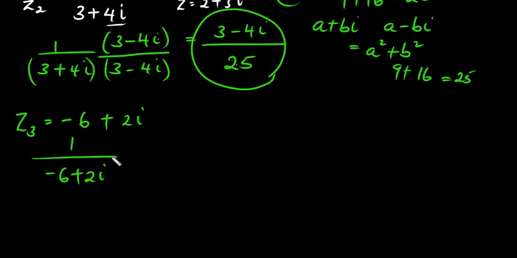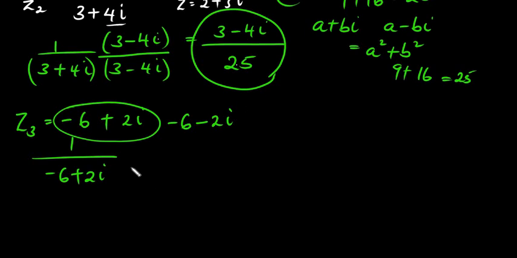As we said, we don't leave the denominator with an imaginary number, so we rationalize the denominator by multiplying both the numerator and the denominator by the conjugate of this complex number. The conjugate will be negative 6 minus 2i. We just change the sign of the imaginary part; you leave the real part alone.